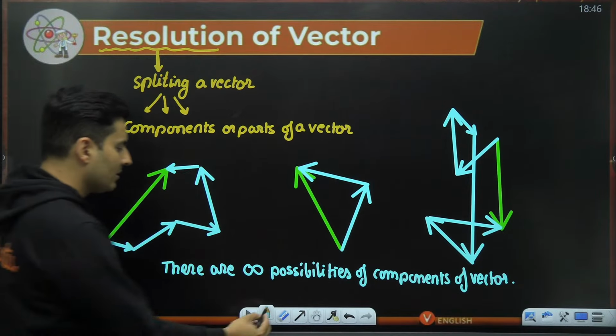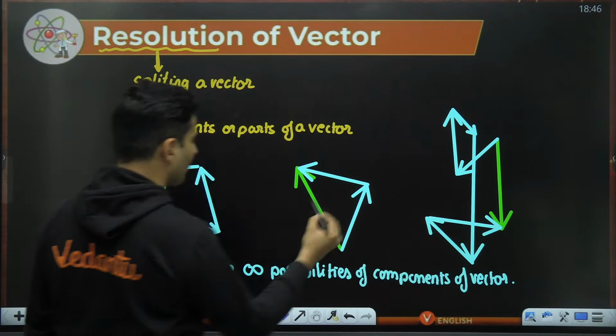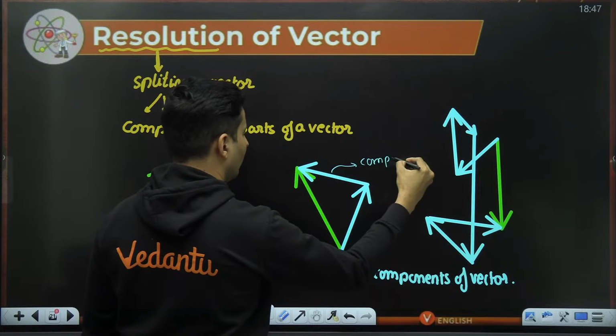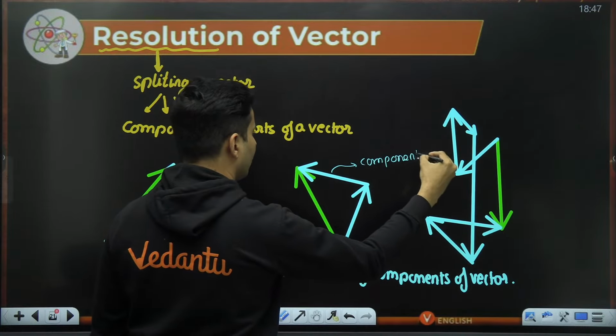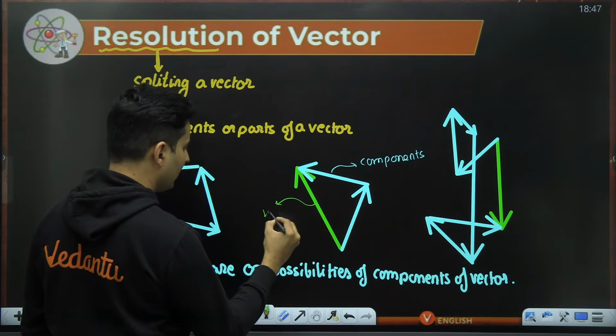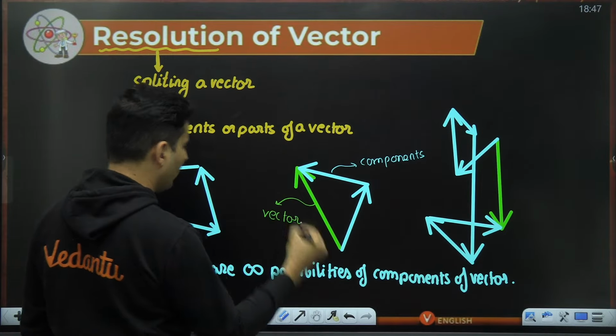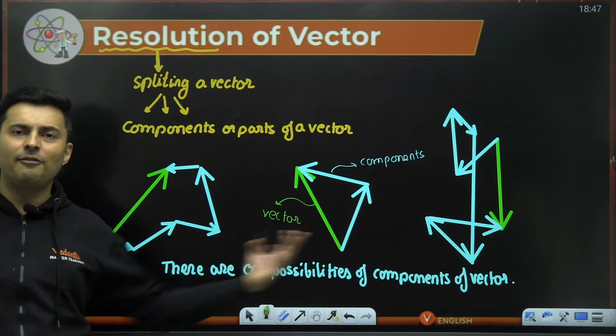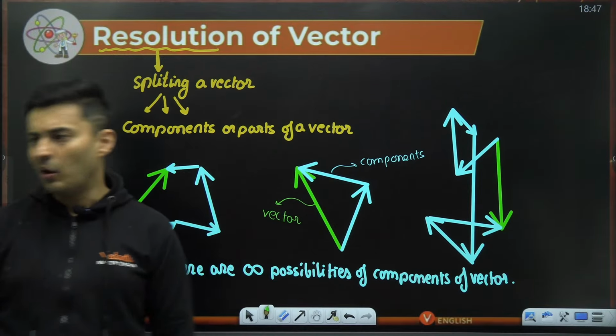So all these things which I have shown over here are basically the components, and this green part was the actual original vector itself. And there are infinite ways of making the components.